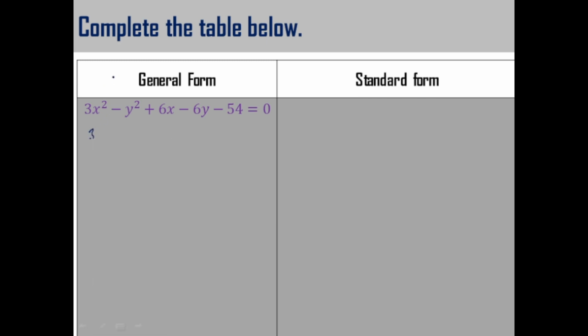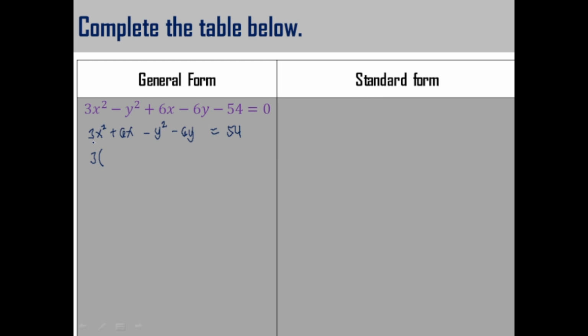So 3x squared. Okay. Tapos, plus 6x followed by y. Negative y square minus 6y equal to, so transpose na po natin yung constant. This is negative, magiging 54 na lang po siya.